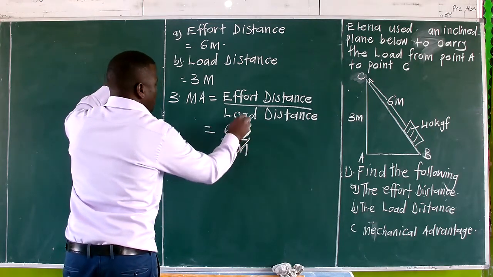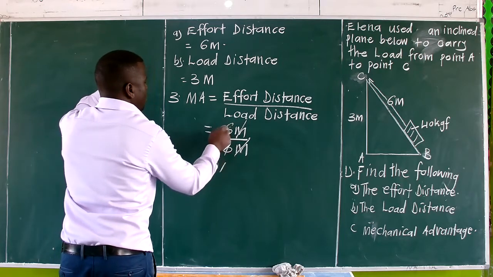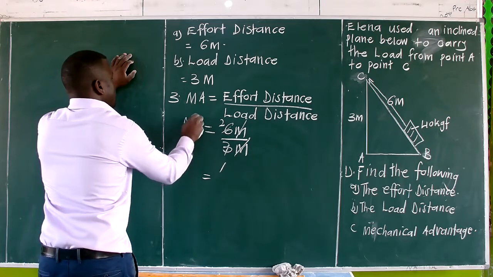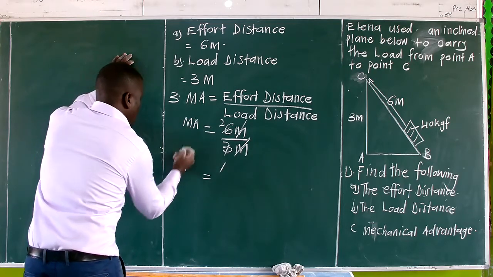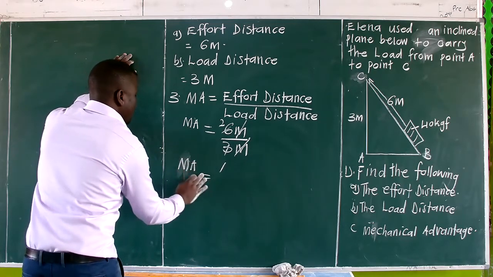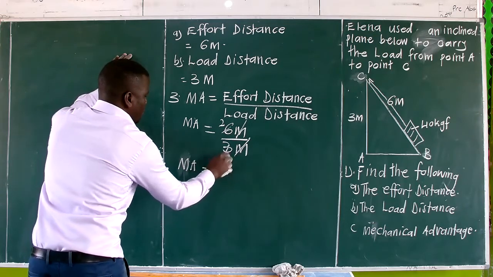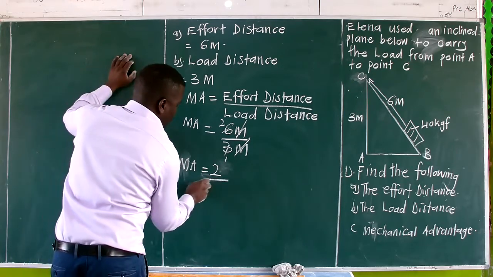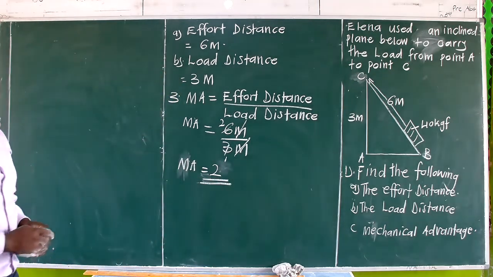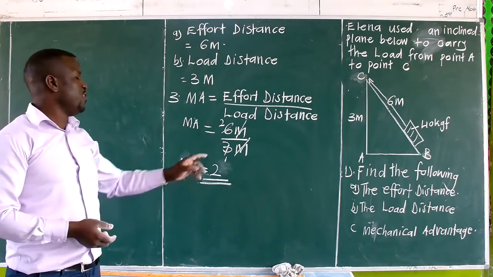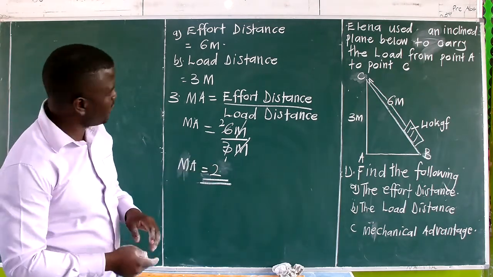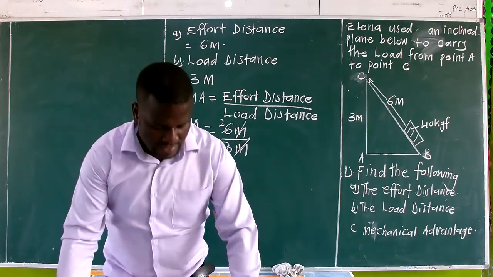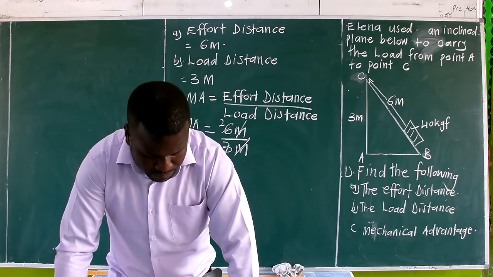Meters comes with meters, 3 into 3 is 1, 3 into 6, 2. Then we shall say mechanical advantage is equal to 2. And I told you, mechanical advantage does not have units because it is a ratio. So the units cancel out automatically. That is all about mechanical advantage.